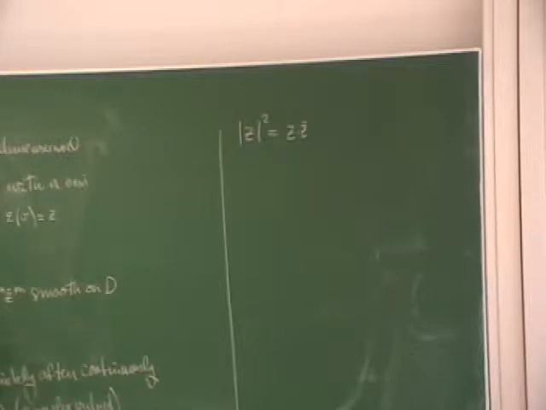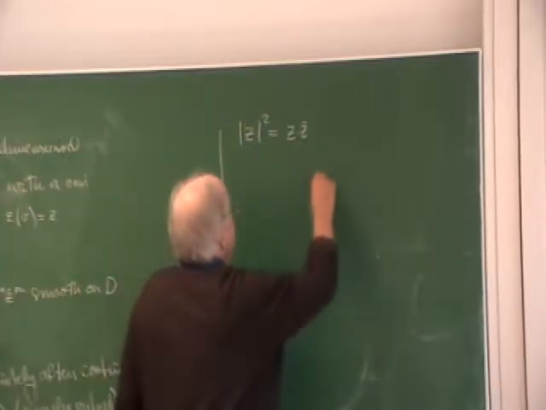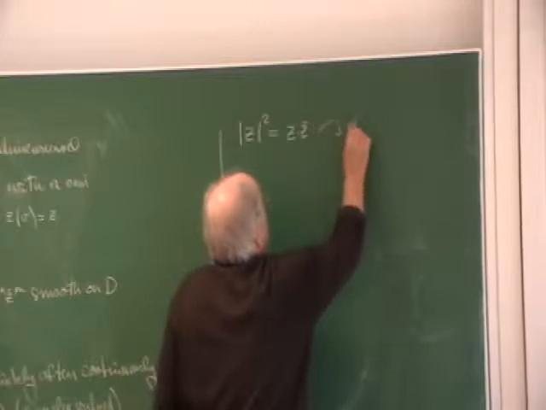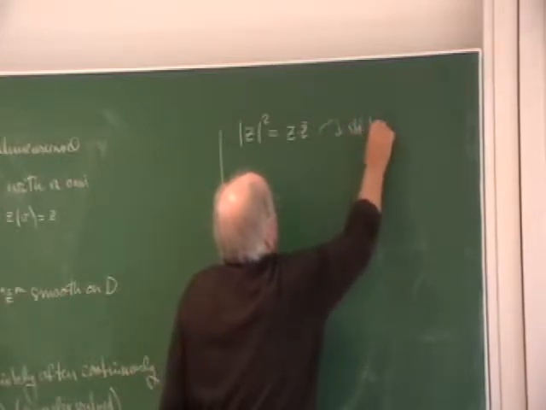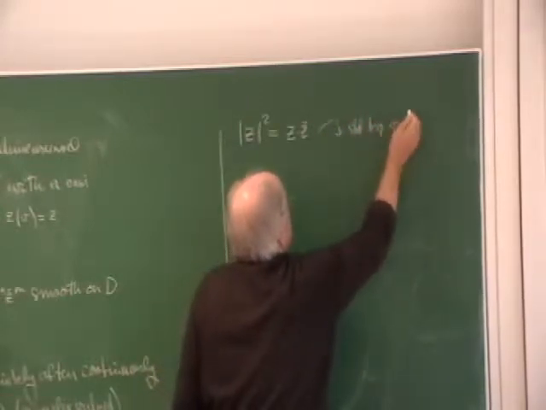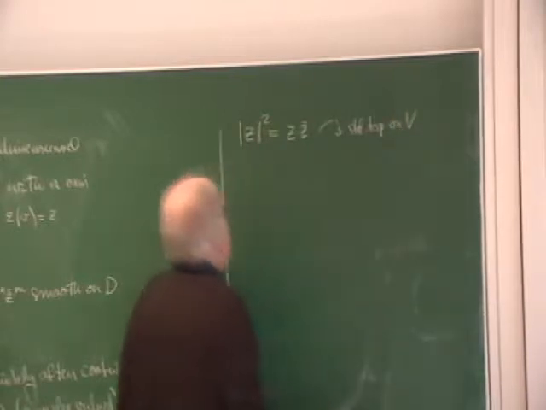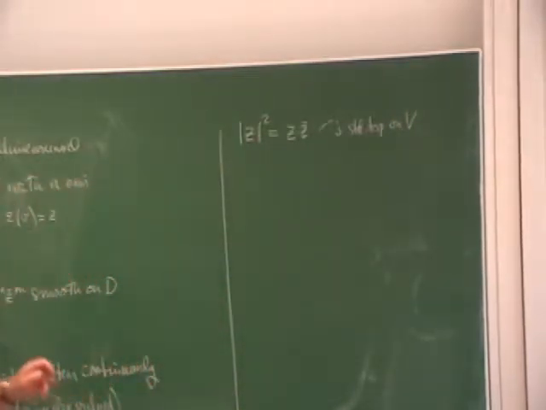And it gives the standard topology on the vector space. There's a unique vector space topology with obvious properties. So we have a distance function, we have the notion of linearity and differentiability and so on.